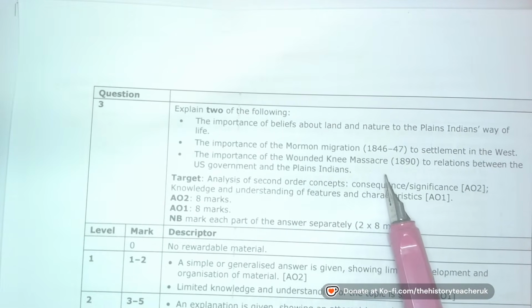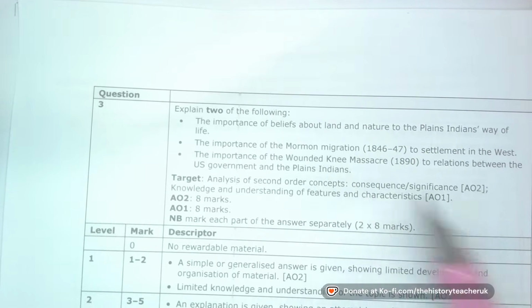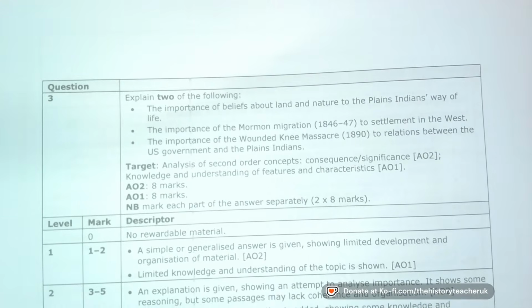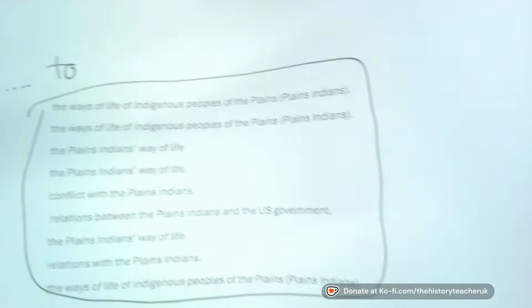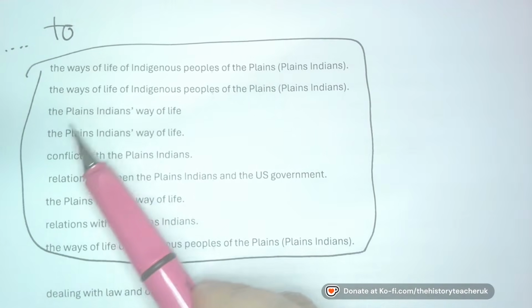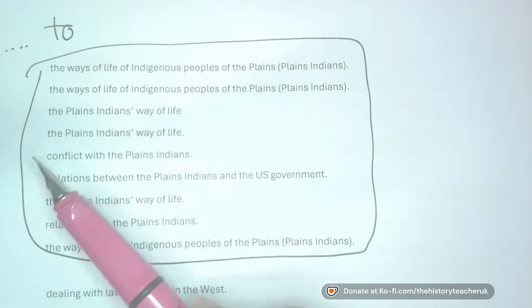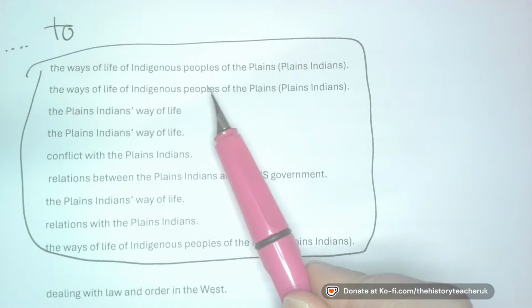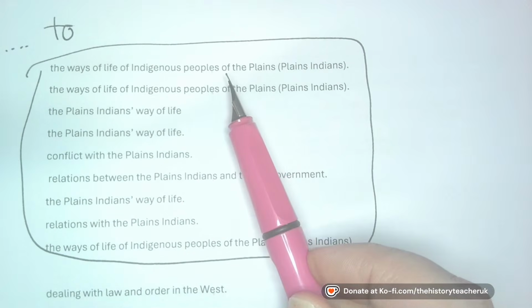Yeah, I have, because there you go, I've got the importance of the Wounded Knee Massacre, and you're just going to be like, yeah, I know how the Wounded Knee Massacre affected relations between the Plains Indians. I've got that sorted, because you've revised the way that the Plains Indians' way of life is affected during this period. So that's a really good way of revising this.